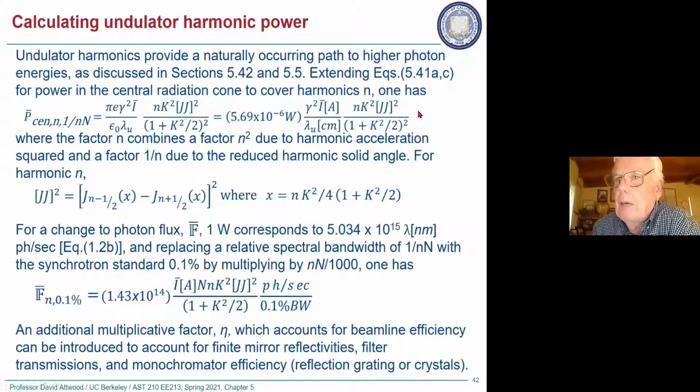What the third harmonic means is every time the electron goes through one period of the magnet structure, it produces one cycle of radiation at the fundamental, but at the third harmonic it's producing 3 cycles. So one period of the magnet structure produces 3 cycles in the third harmonic.